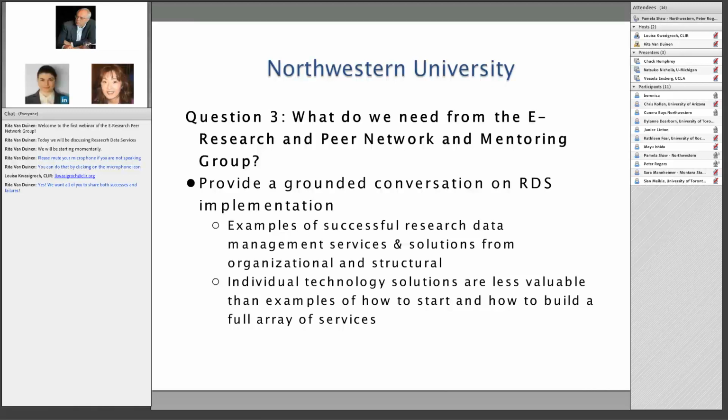It's been interesting reading some of the papers for today that indicate some of the things that we've run into after surveying our users, and that is getting everybody on board for understanding that this is important. And we've also discussed that individual technology solutions of a specific data platform, say for archiving, is not as useful to us as examples of how we can approach this from an overall basis.